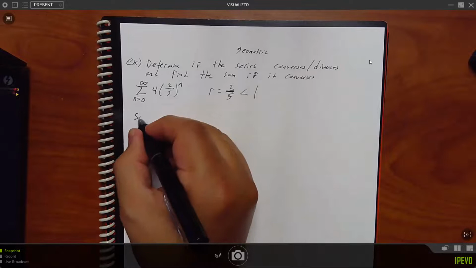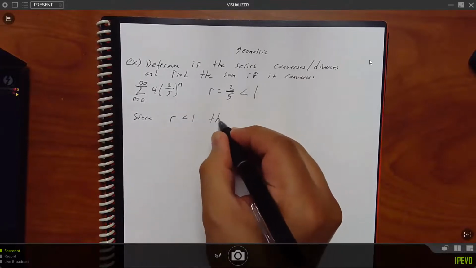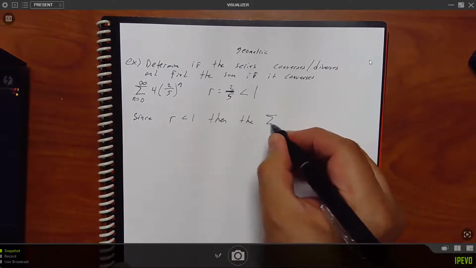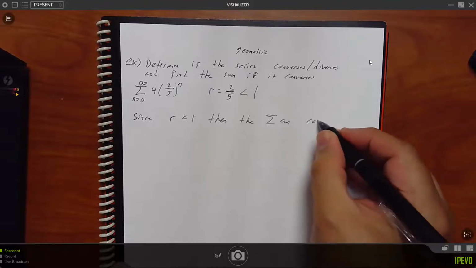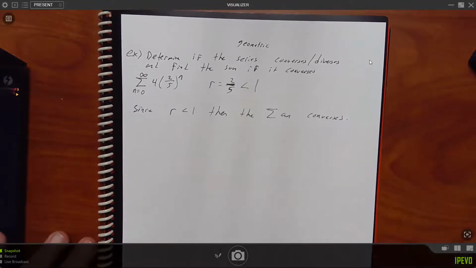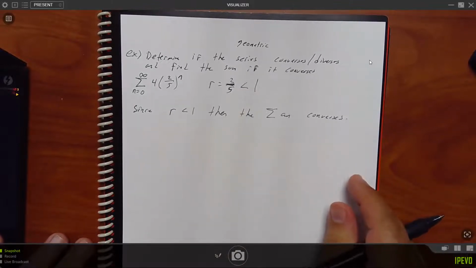So since R is less than 1, the series converges. That is what you would answer on the exam. You explain why. Tell me if it converges or diverges.